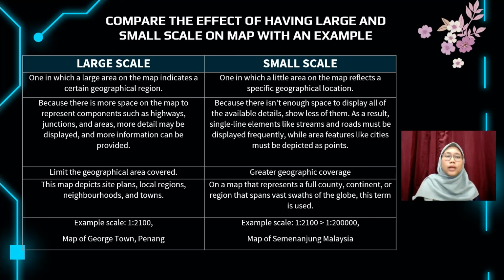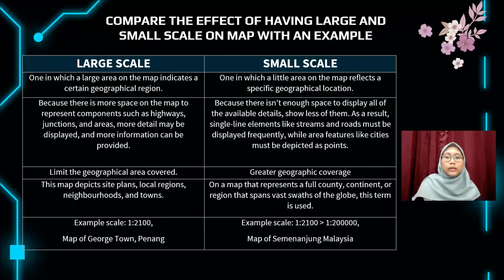For the large scale, because there is more space on the map to represent components such as highways, junctions, and areas, more detail may be displayed, and more information can be provided. For the small scale, there isn't enough space to display all of the available detail and it will show less of it. The large scale limits the geographical area covered, meanwhile the small scale has greater geographical coverage.